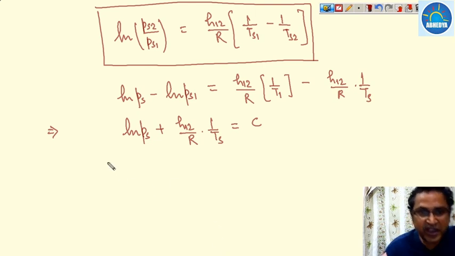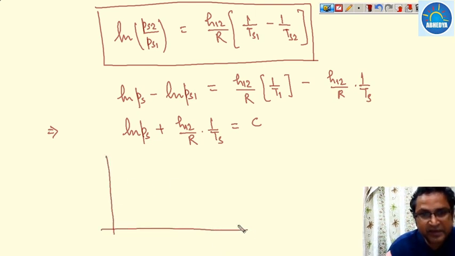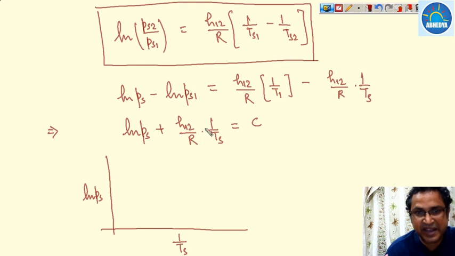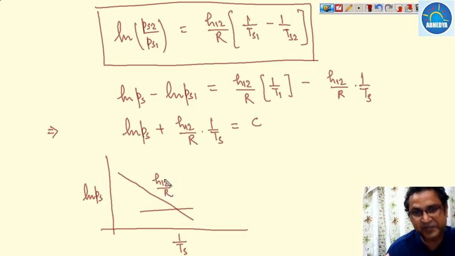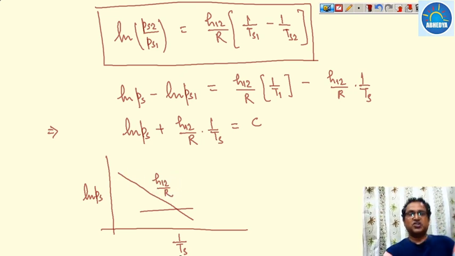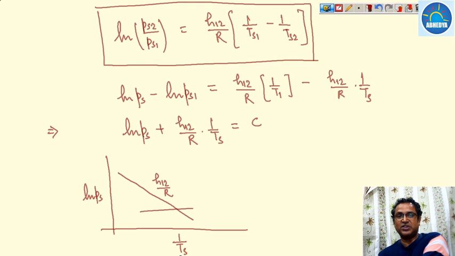Okay, if we compare this equation with y equals mx plus c, where y is ln Ps and x is 1 upon Ts, then the slope m is minus H12 by R. So the slope of this line gives H12 by R with a minus sign.